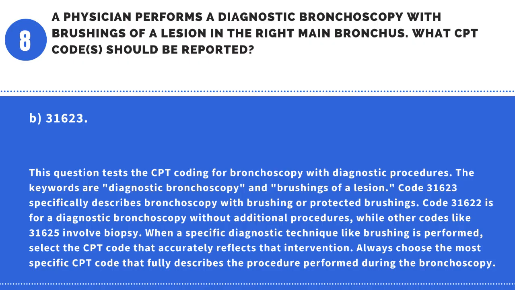Code 31622 is for a diagnostic bronchoscopy without additional procedures, while other codes like 31625 involve biopsy. When a specific diagnostic technique like brushing is performed, select the CPT code that accurately reflects that intervention. Always choose the most specific CPT code that fully describes the procedure performed during the bronchoscopy.